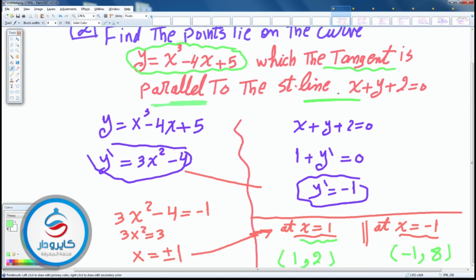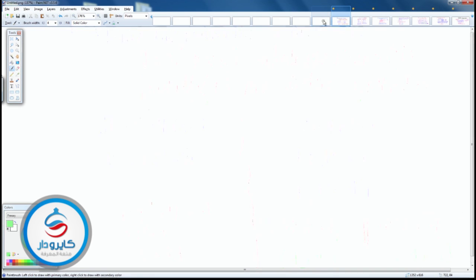Now we are going to solve another one. And this is a popular and common problem in almost all exams.